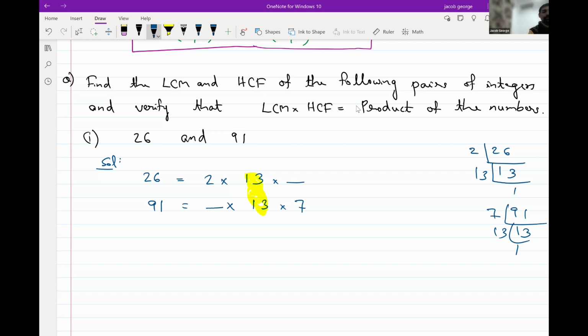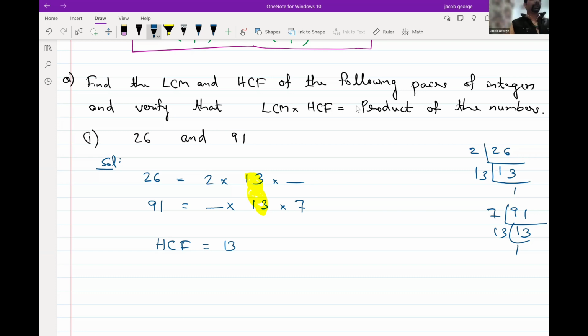For example, if the first is 13 square and the second is 13 cube, then the HCF will be 13 square. Please write HCF is 13.